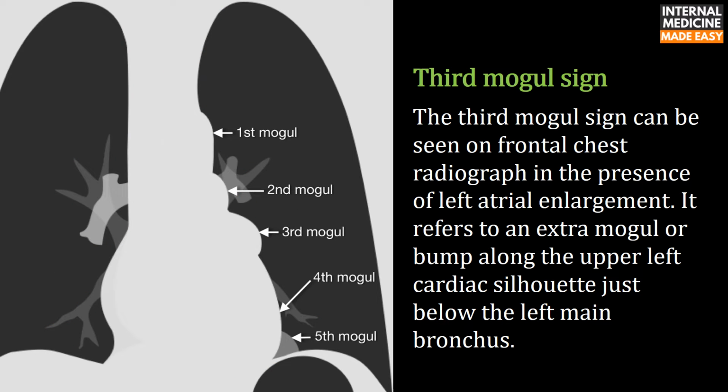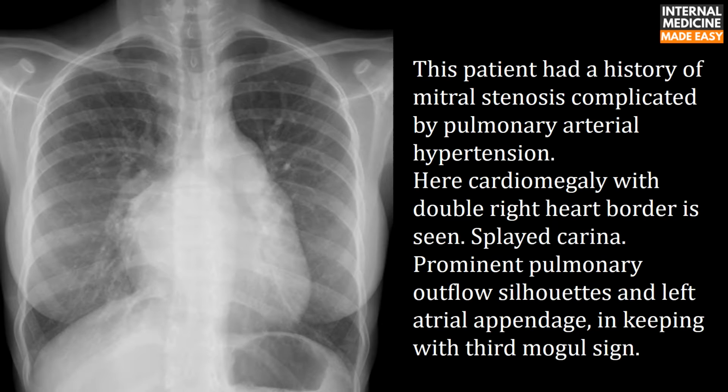The third mogul sign can be seen on frontal chest radiograph in the presence of left atrial enlargement. It refers to an extra mogul or bump along the upper left cardiac silhouette just below the left main bronchus. This patient had a history of mitral stenosis complicated by pulmonary arterial hypertension.